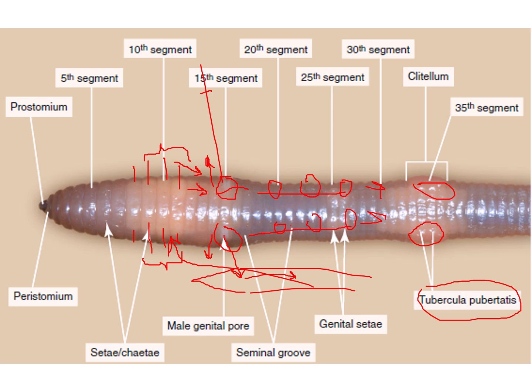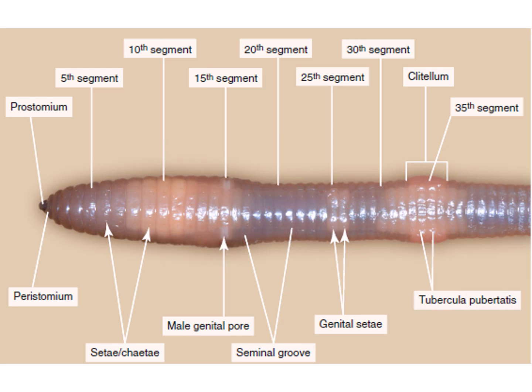It is only present in the breeding season, when it becomes prominent. So it shows the maturity of the earthworm. If this tubercula is present on an earthworm, we would say it is a mature earthworm. It is a sexually active earthworm.